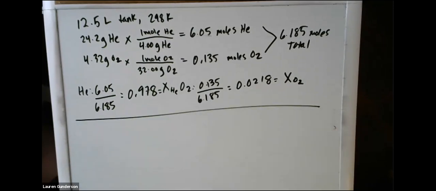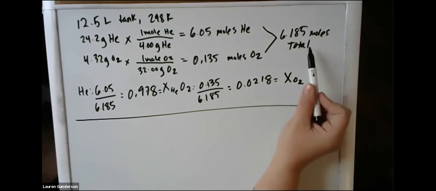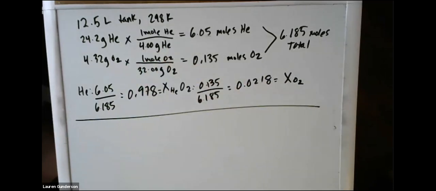Okay, now we want to find the partial pressures and the total pressure. Since we have the total moles of gas right here, and we have the volume, and we have the temperature, we might as well find the total pressure of the gas sample.